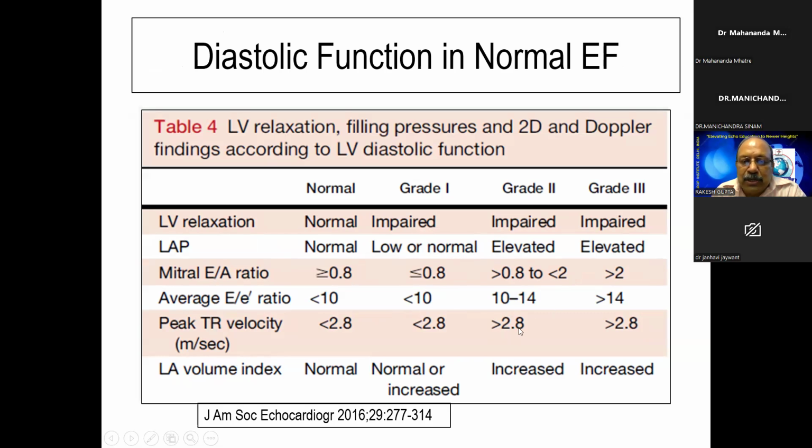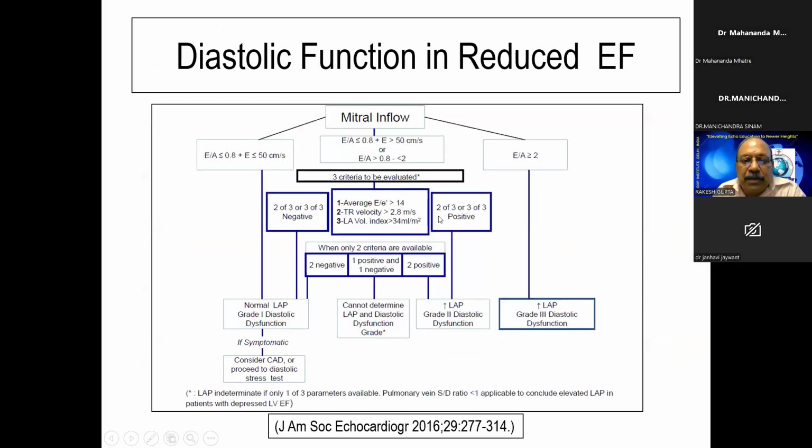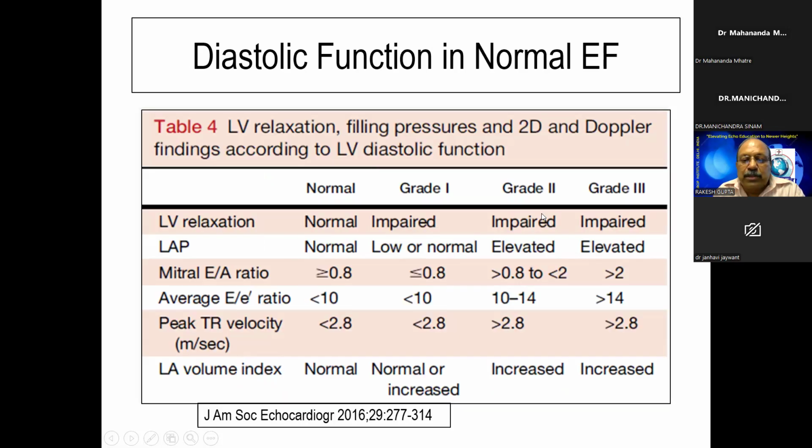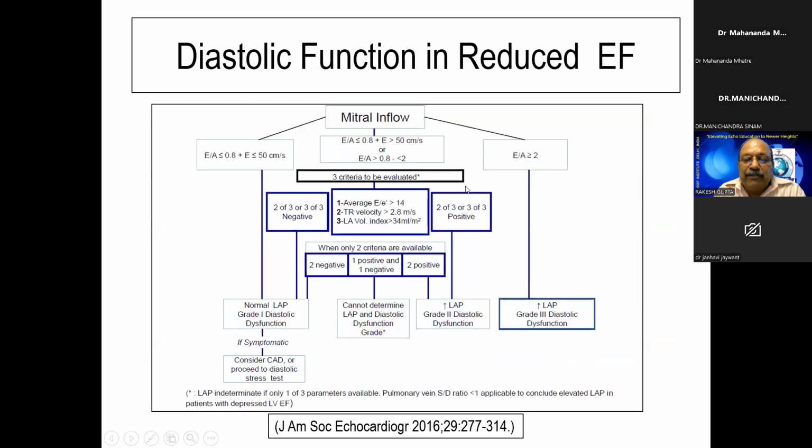TR jet velocity more than 2.8. And LA volume index increased. So here is a cutoff. And if I go to reduced ejection fraction, then 0.8 to 2, same. If it's more than 2, it will go to grade 3 diastolic dysfunction with raised LA pressure. If it's between 0.8 and 2, we look at these three parameters.